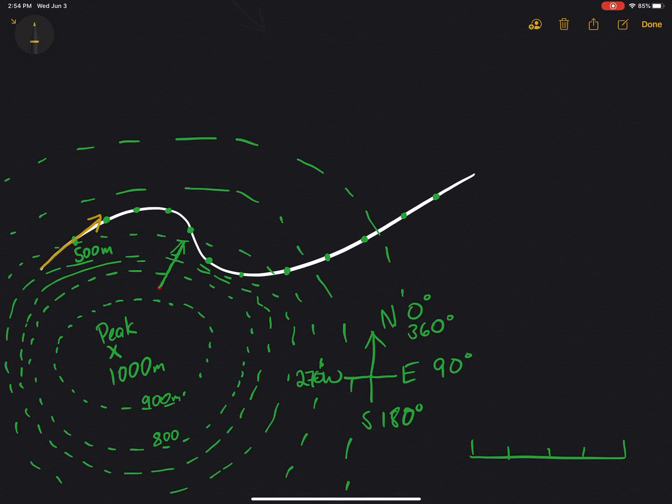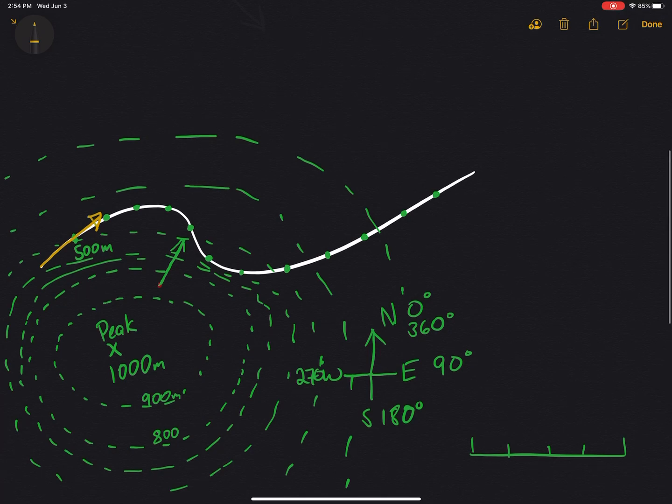So if we draw a straight line aligned with the trail right through that point where we want to measure trail slope alignment angle, then we get something like, well, it wouldn't be exactly 0, it wouldn't be exactly 90.